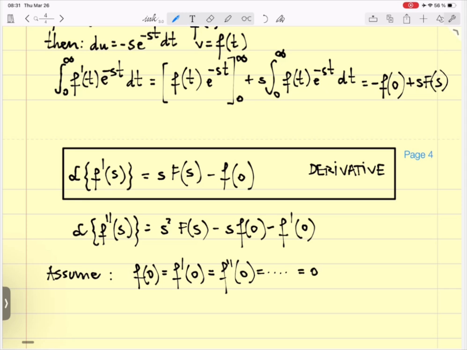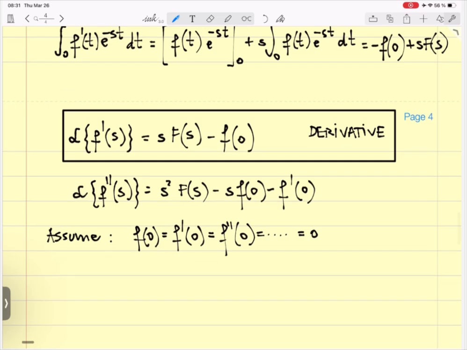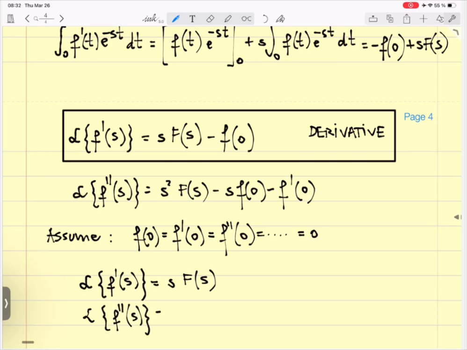For instance, the system is in a state of no motion in the beginning, then the Laplace transform of the first derivative turns out to be s multiplied by the Laplace transform of the function and the Laplace transform of the second derivative becomes s squared, and so on.